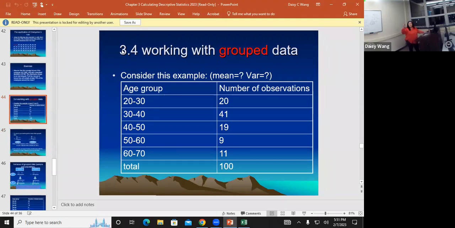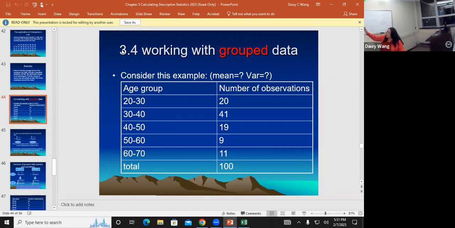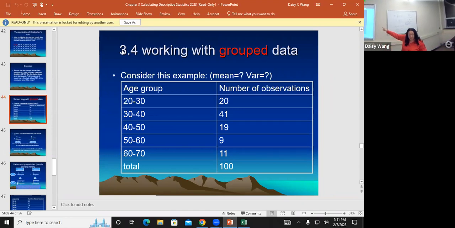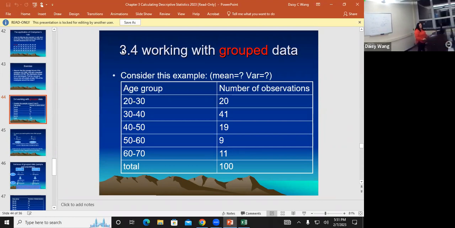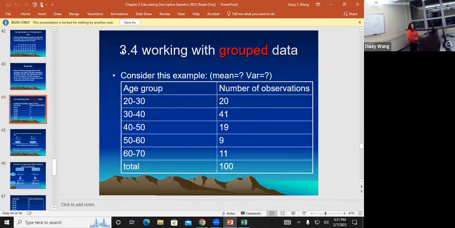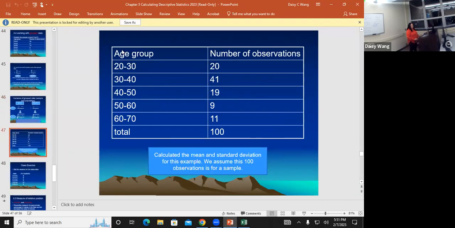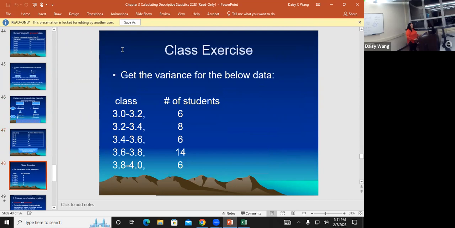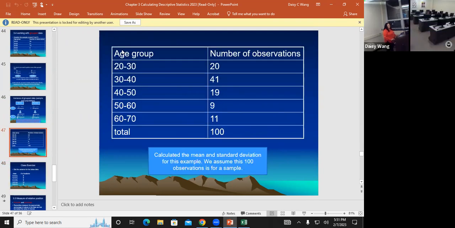Basically we find the middle number. Like between 20 to 30, we use 25 times 20, and then 35 times 41, and then 45 times 19. That's how we calculate the average, and then divide by the sample size, which is 100.